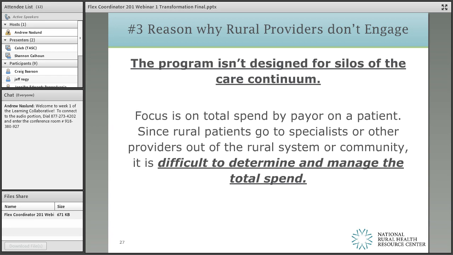The other thing is it's perceived, in the old days like capitation, that patients needed to be managed cradle to grave within a capitated arrangement because you wanted to control that. And I wrote that as the program is not designed for silos of the care continuum.